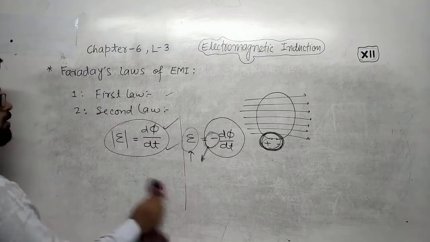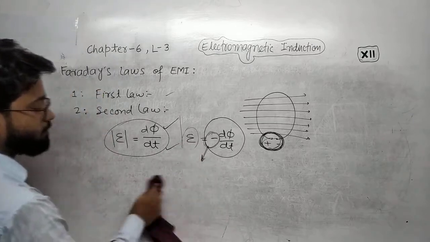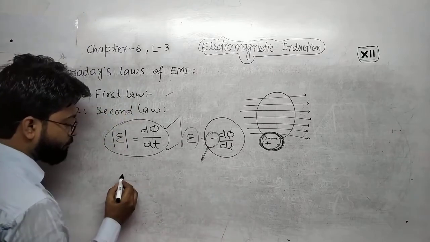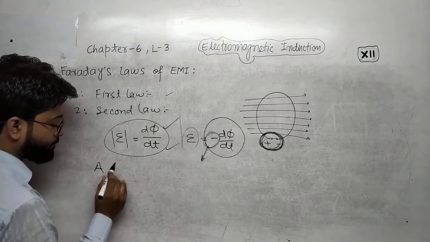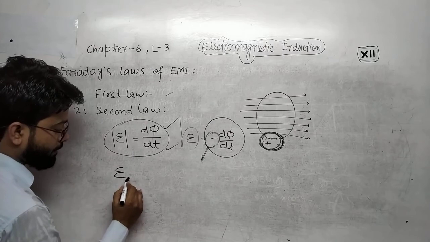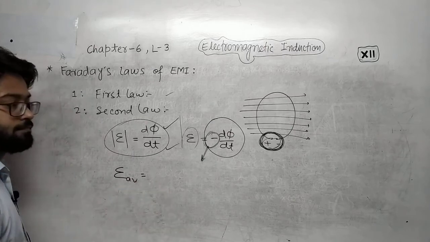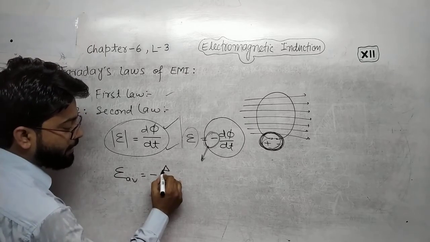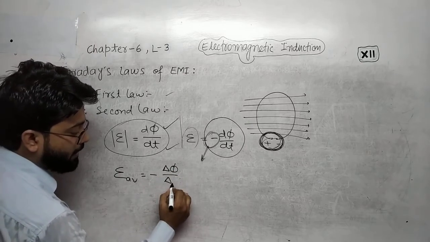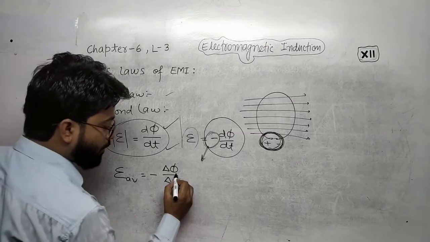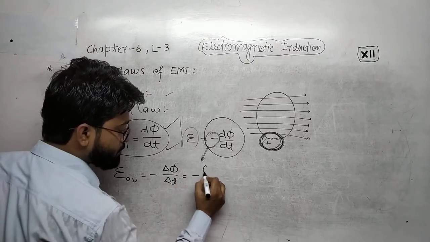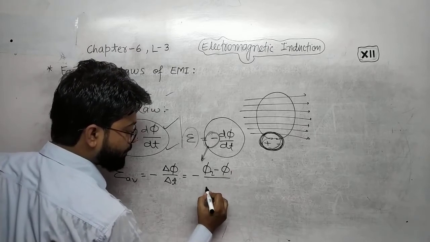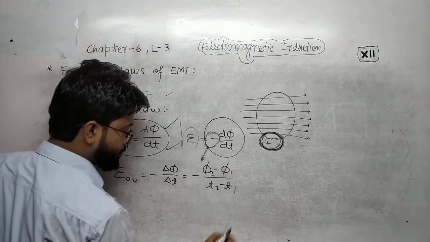Now, for example, if we wish to take the average EMF, it will be equal to minus delta phi upon delta t, or minus (phi 2 minus phi 1) upon (t2 minus t1).